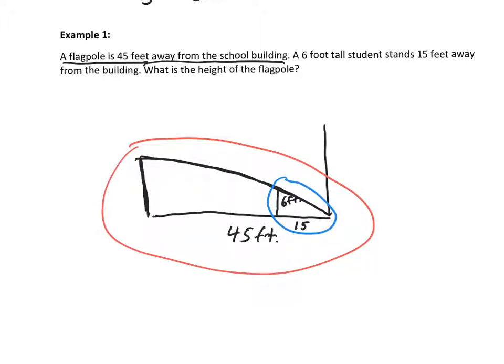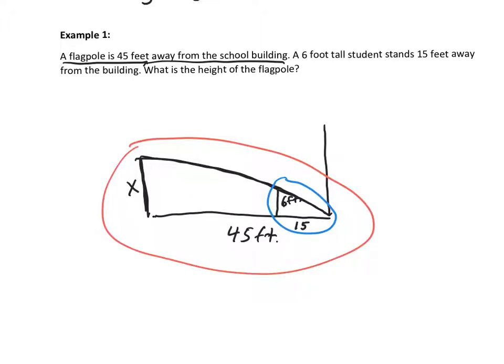The thing about those triangles is they are similar to each other. So we can use similarity to figure out how big that flagpole is, which we'll call x.